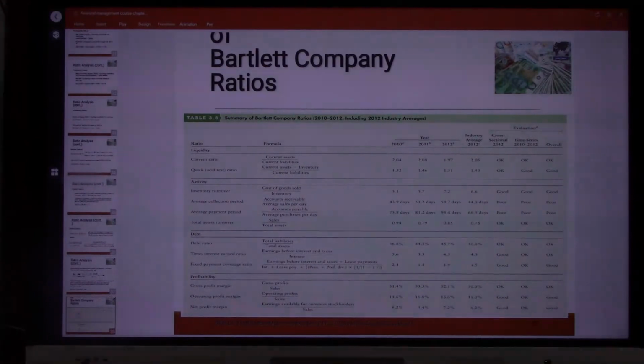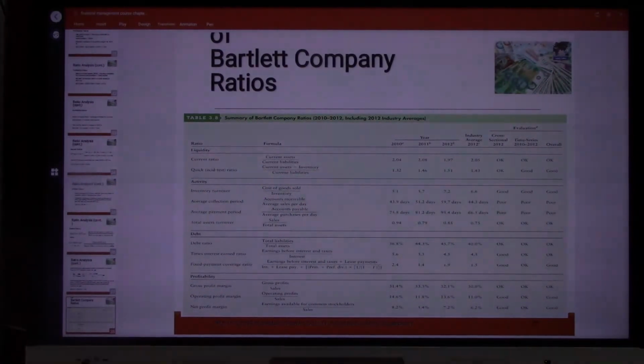According to the cross-sectional 2012, it's 2.08, our industry average 2.05, so it's okay. According to a time series, also it's around, and there is no much increase or decrease, so it's a reflection of a good short-term liquidity. So our assessment is okay.